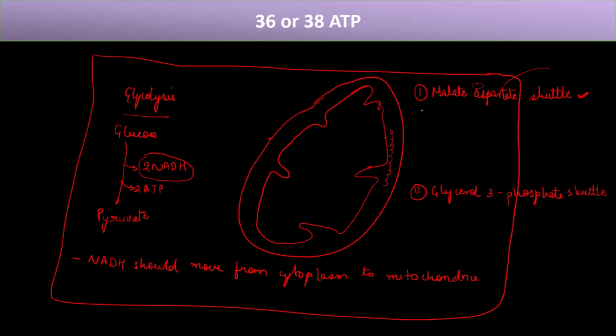It is a good shuttle. So what it does, it takes the NADH, and then ultimately it transfers it across the membrane into the mitochondrial matrix in the same form.